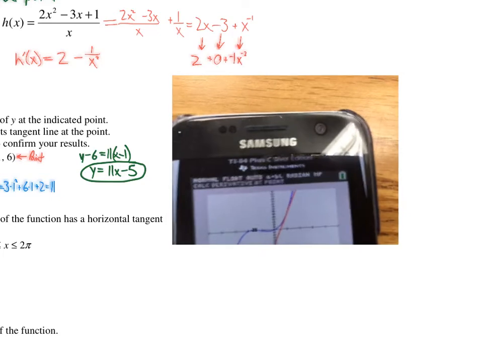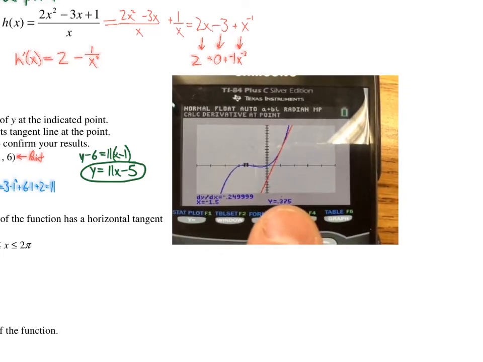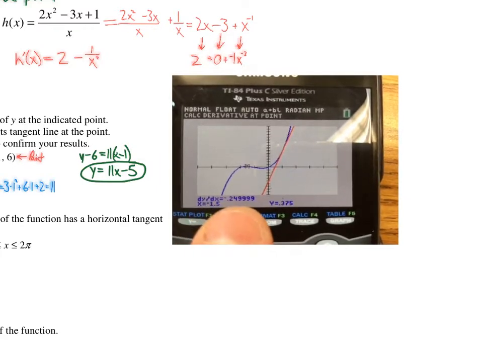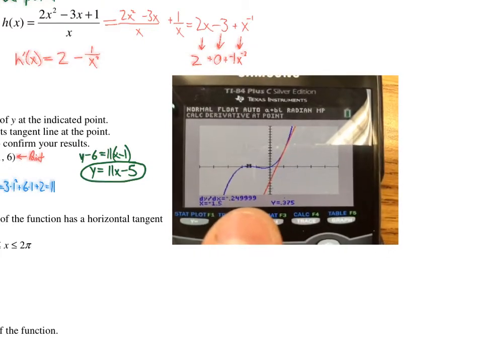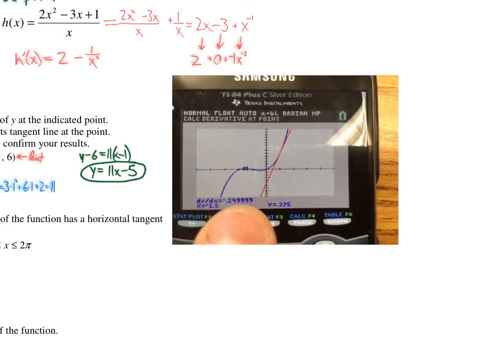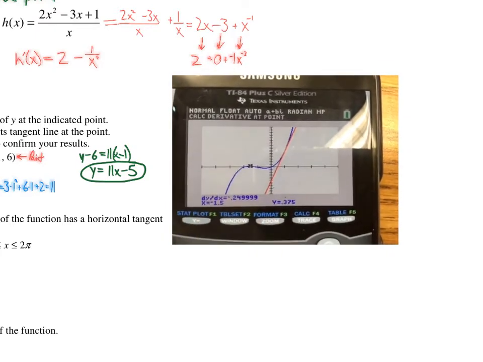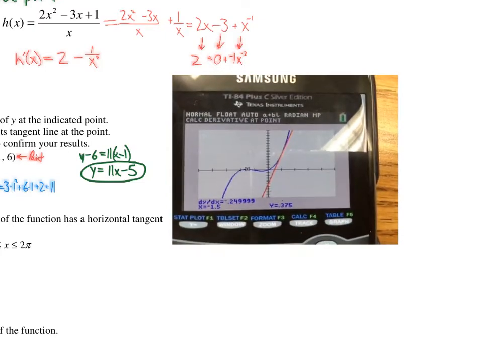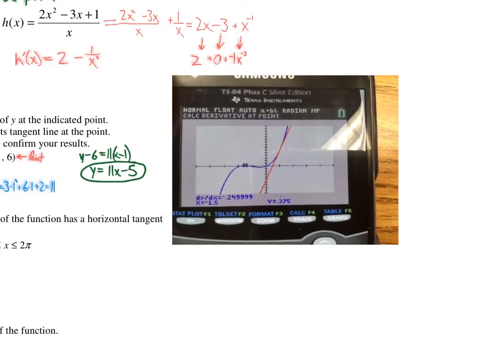I hit enter, and notice the point is negative 1.5, 3/8, and the slope is approximately negative 2.250, with three decimals. So that's really handy, especially if you needed to find the rate of change at multiple places. You can really quickly find it this way.